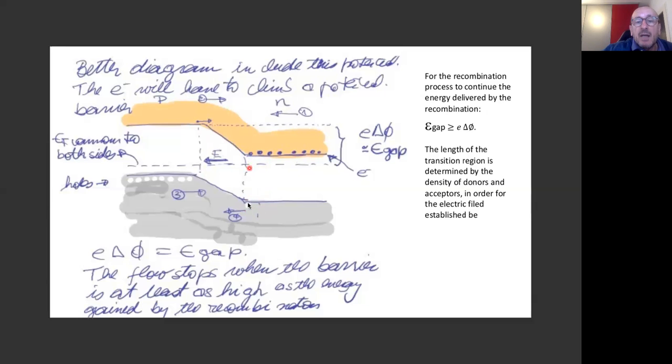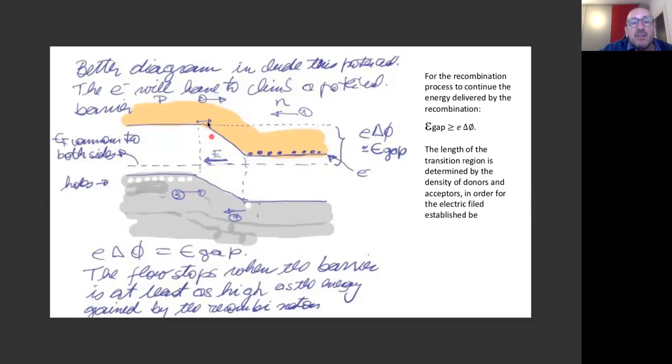How do I produce a hole here? Well, I excite an electron through the band gap of the semiconductor and generate a hole here. So these are the four processes that I have: a negative current going that way, a negative current going this way, a positive current going that way, and a positive current going the other way, okay?